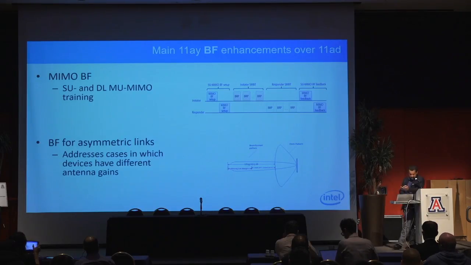In this device, maybe you're going to have 4 antenna elements, where the base station could have 64, 120. There are actually access points today that have 128 elements. So the gain on the access point is much higher.